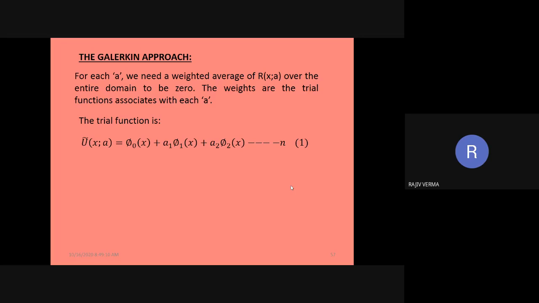Supposing the trial function is equation number 1, the residual is given by equation number 2. So we are multiplying the residual with phi I in equation number 2. The residual is what we had on the display in the previous slide.